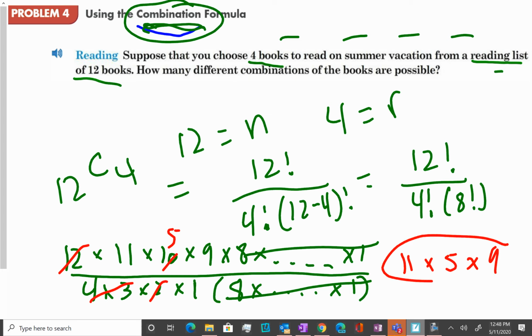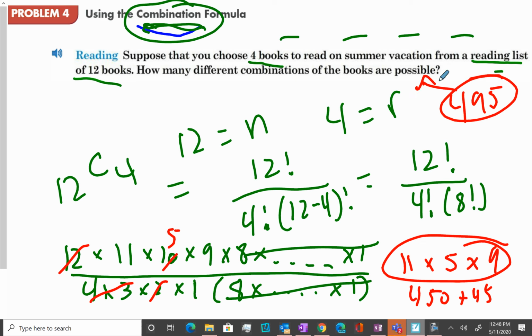I still can't do that in my head. 11 times 5 is 55. Then 45 times 10 would be 450, and if I add another 45, really 495, so this is 495. That's how many possible ways I can choose these books.